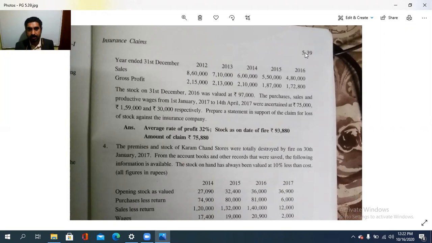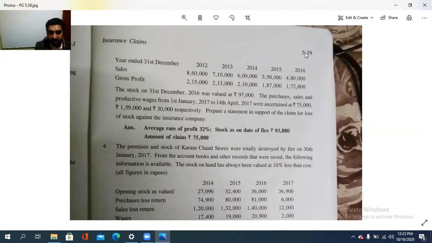Stock on 31st December 2016 was valued at 97,000. The purchases, sales and productive wages from 1st January 2017 to 14th April 2017 were ascertained as 75,000, 1,59,000 and 30,000. Prepare a statement in support of the claim for the loss of the stock against the insurance company.